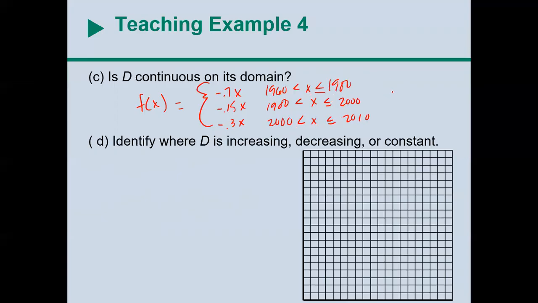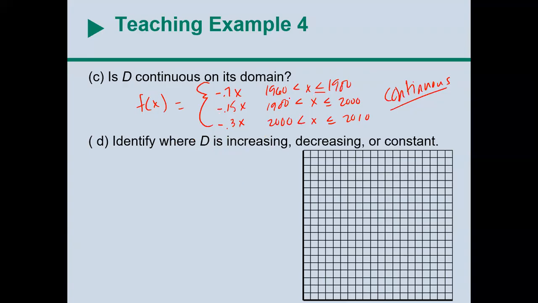So it is a continuous domain, because on my domain, every point between these can be defined. And from your domain and looking at your equation, just from the slopes, you should be able to tell me where it's increasing, where it's decreasing, and where it's constant, right?